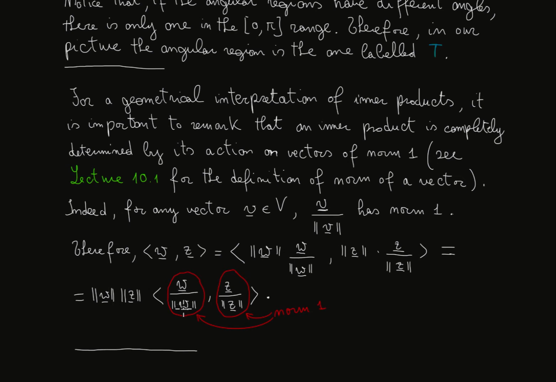Both these vectors have norm 1, as claimed before. So the inner product of generic vectors W and Z is reduced to knowing the inner product of vectors of norm 1.